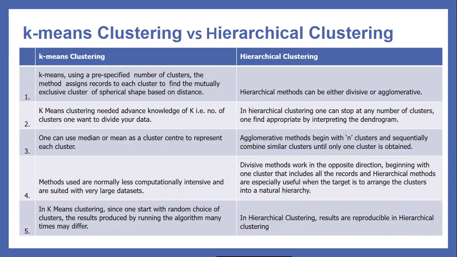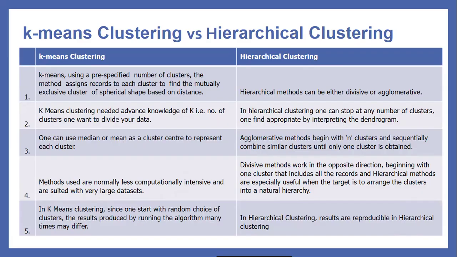Hierarchical clustering method can be either divisive or agglomerative. K-means clustering needs advance knowledge of K, that is, the number of clusters you want to divide your data into. In hierarchical clustering, one can stop at any number of clusters one finds appropriate by interpreting the dendrogram.